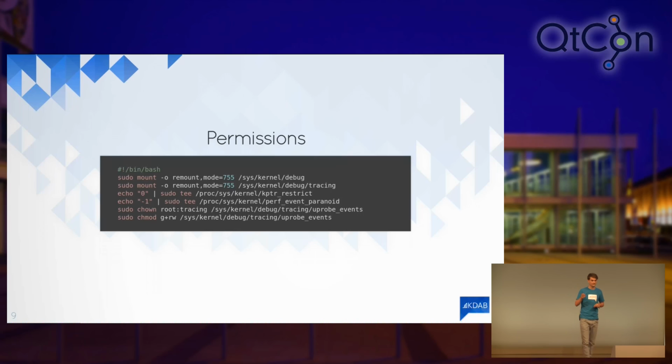And these are the first two commands. The commands below that simply increase your access rights to some more things, like being able to read and write uprobe events, so user probes, and things like that. If something is not working, this is usually the reason why.